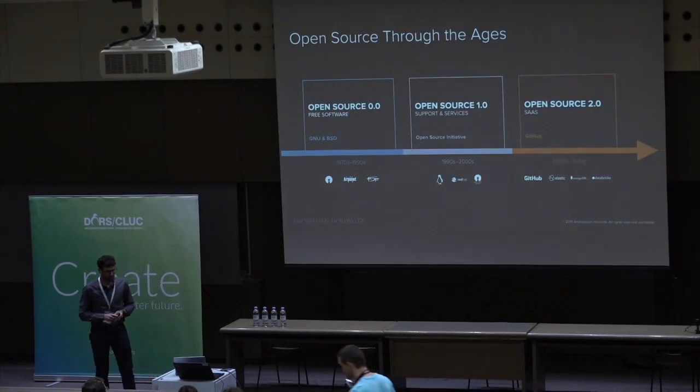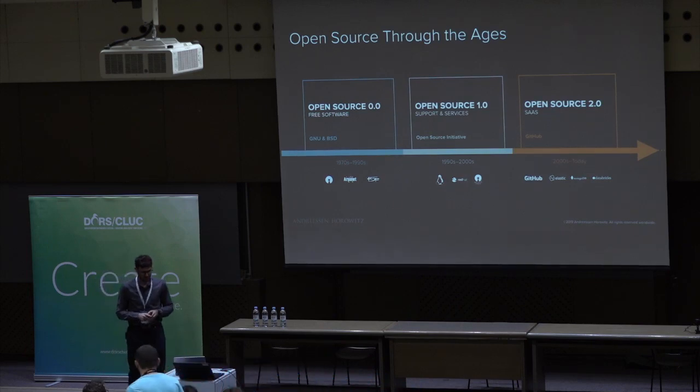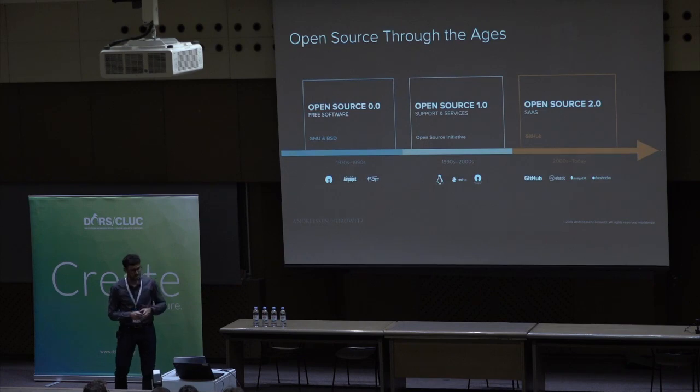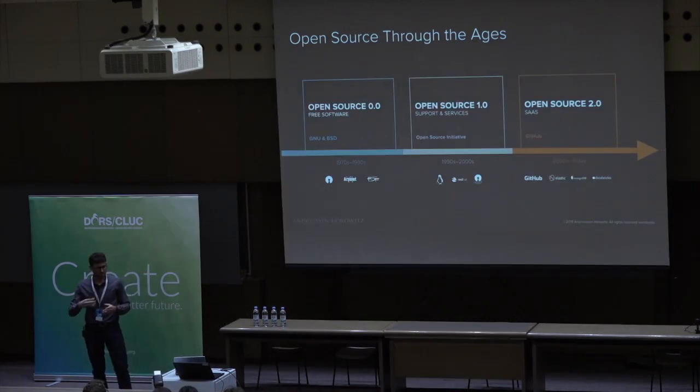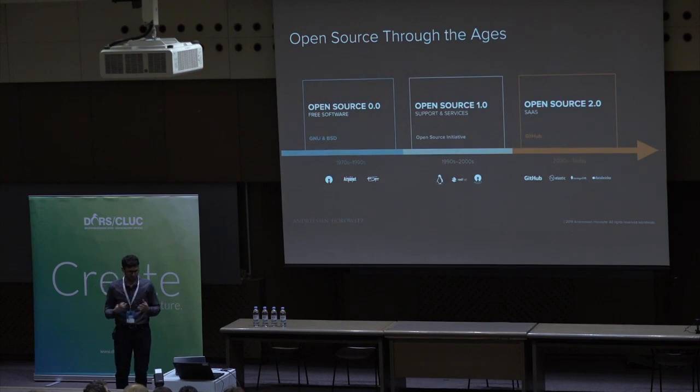How the whole world evolved in terms of open source. This is actually an image from an A16Z, Andreessen Horowitz, blog post, which I think is very compelling. Before the 90s, there was free software. A bunch of people just started implementing software and then putting it out there to be free.